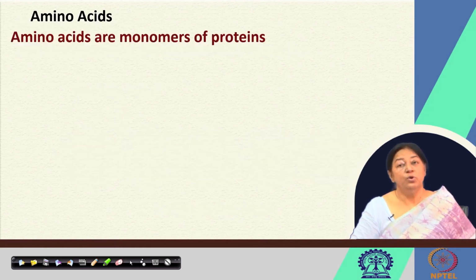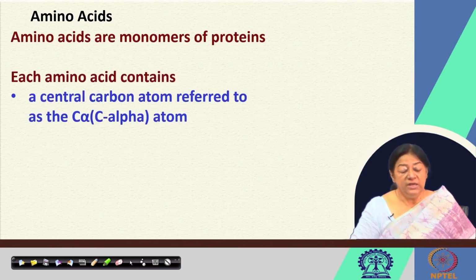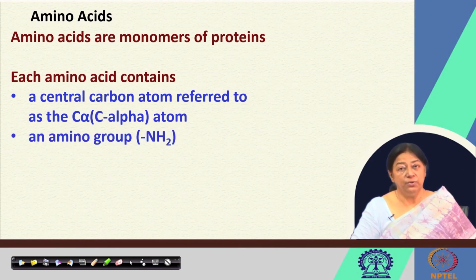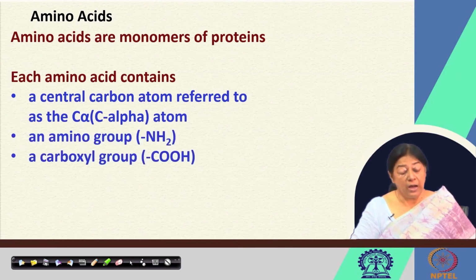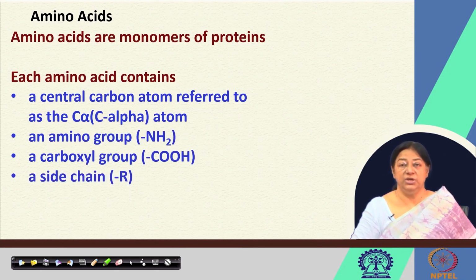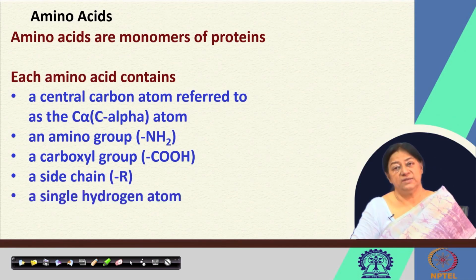They are monomers of proteins, as we found out, the building blocks of proteins in the polymer, that is the polypeptide chain. Each amino acid contains a central carbon atom known as the C alpha carbon atom, an amino group, the NH2, a carboxylic acid group, that is the COOH, a side chain referred to as R in general, and a single hydrogen atom.